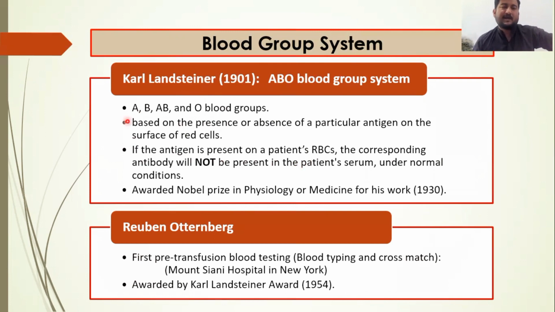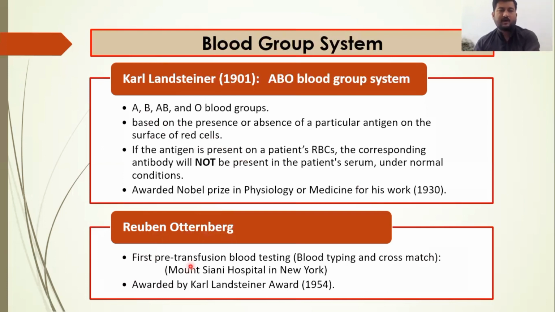For example, if A antigen is present over the surface of RBC, then anti-A antibody will never be produced against the A antigen in the same person. So if the A antigen is present, the antibody must be B antibody, anti-B.